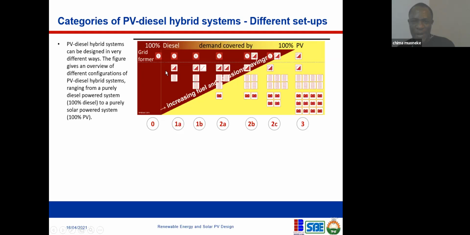But as you begin to move along to the right, you can see that this yellow part is your solar. When you begin to integrate your solar, at this point you just integrate a little amount of solar to your generator without storage. At this point, there's no storage yet, because whatever the solar can generate, your base load can always take.